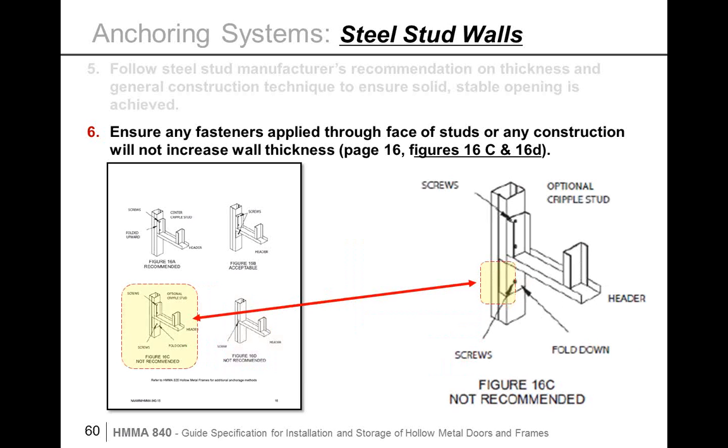At the same time, some contractors will use the incorrect method of attaching the horizontal studs to the vertical wall studs. And in that, they will overlap the stud material, which again creates a wider wall than what the frame is designed and ordered for. So it's critical.